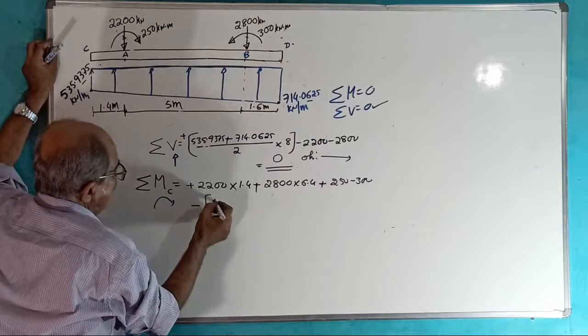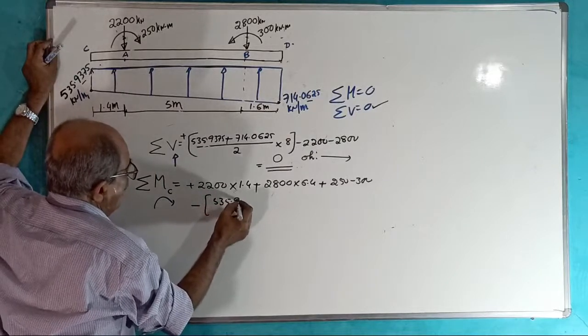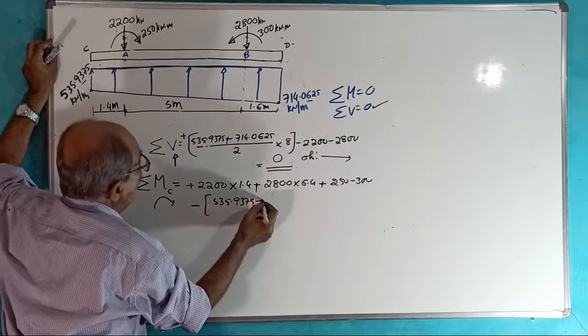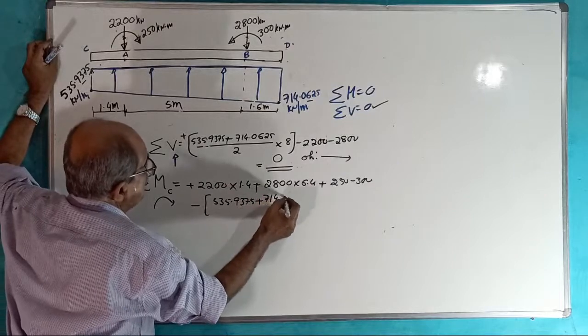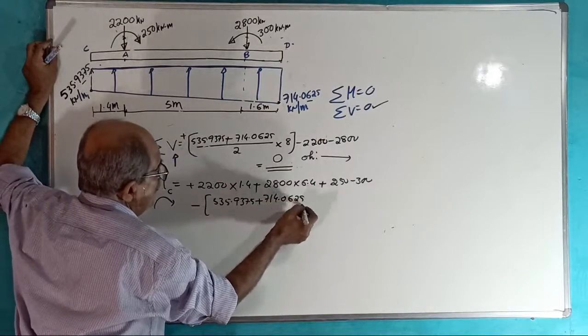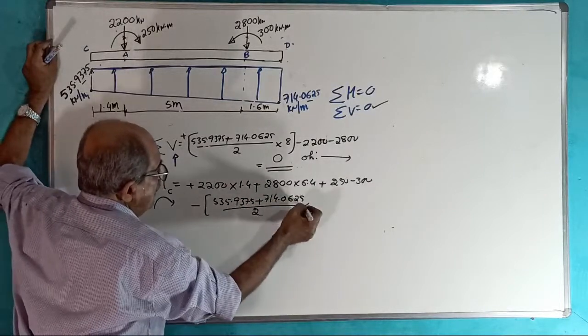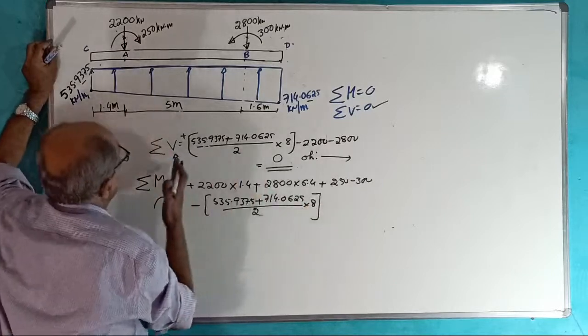First load: 535.9375 plus 714.0625 divided by 2 into 8 is the total load.